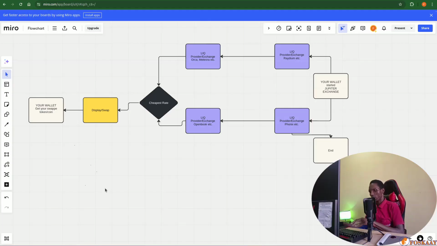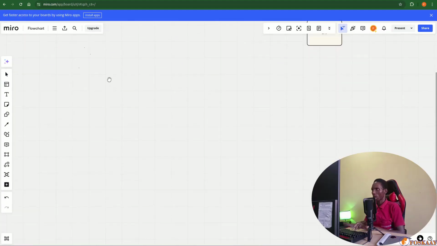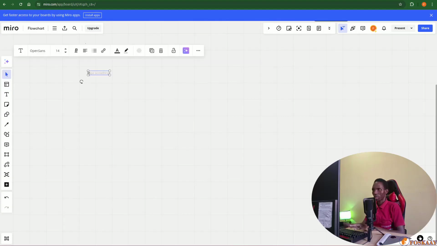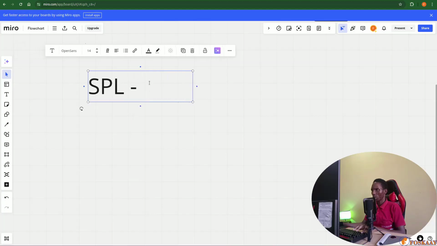So SPL token stands for Solana Program Library token. We've discussed in the previous video what SPL programs are all about.